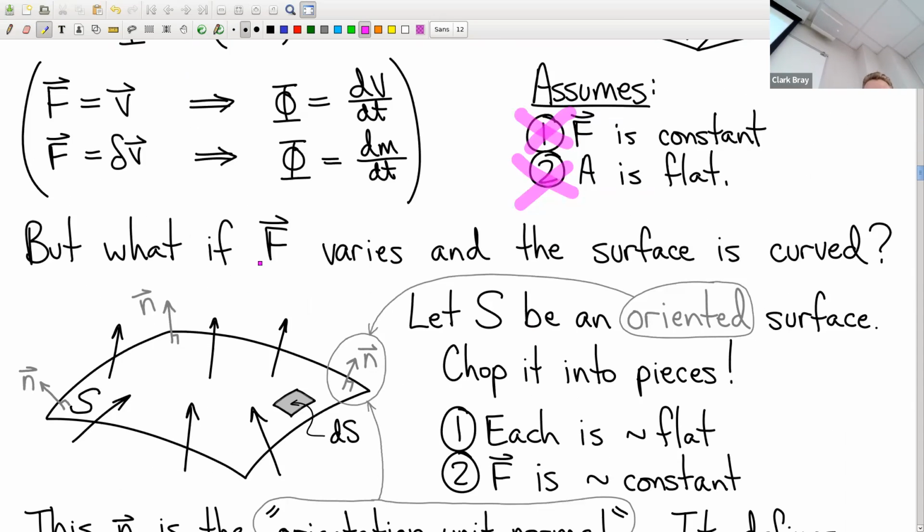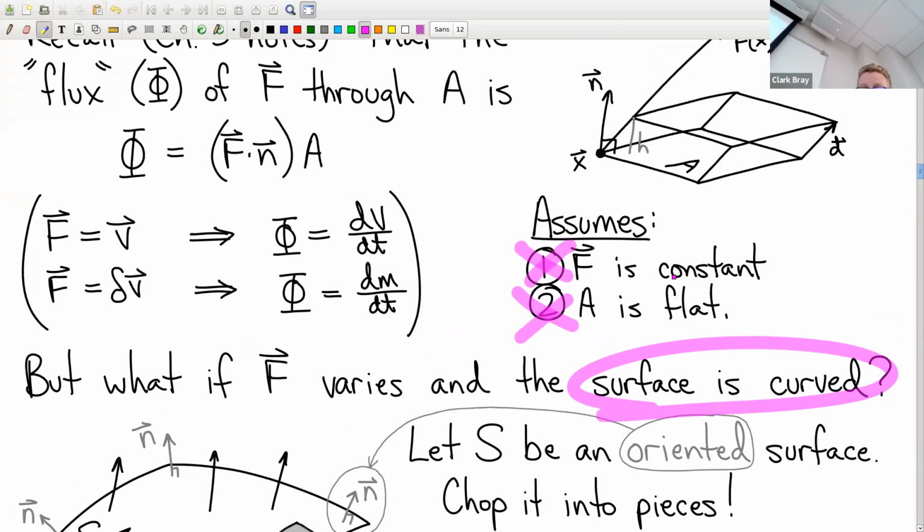What if your vector field is not constant? What if your surface maybe is curved? Either or, usually both. Then what? You can't just draw this picture, because this picture makes lots of assumptions that are no longer valid.